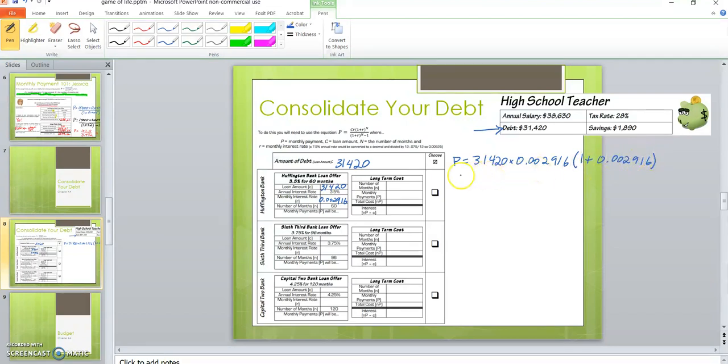So just like in the previous lesson, I'm going to be focusing on the brackets first, before I do anything else.